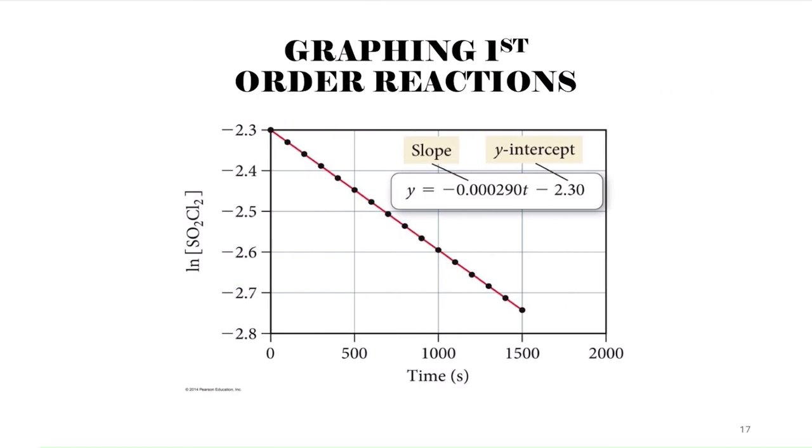Okay, and so then we ended up talking about graphing first order reactions. If we plot the data in a specific way, if it matches the order of the reaction, then it'll give you a straight line. And so for a first order reaction, if this is just our equation for a line, what was y equal to here?